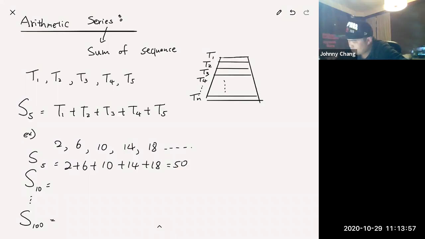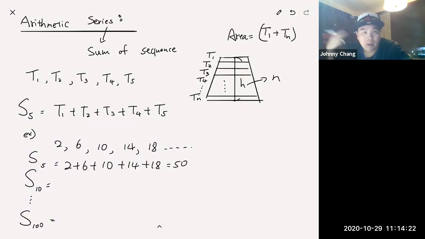And then this is the height, which in our case is the number of terms. So we need to use the area of a trapezoid: term 1 plus the last term, Tn, multiplied by the height, which is n, divided by 2. That is the area, which will be the sum. So let's try that.